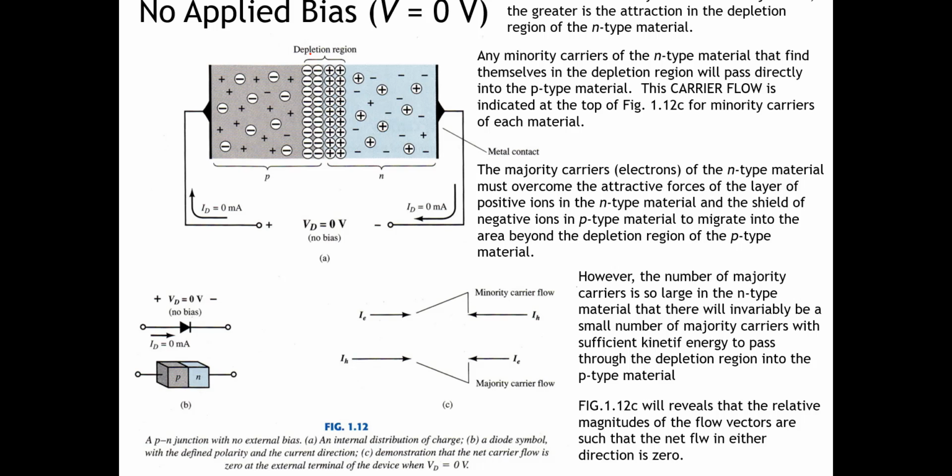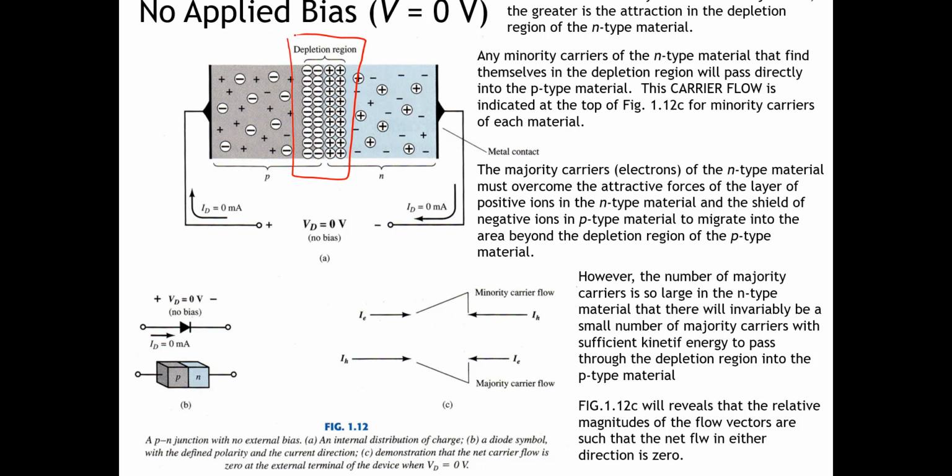It is similar if we apply a voltage of 0. There is a depletion region here, so there is no current flow from the N-type to the P-type.